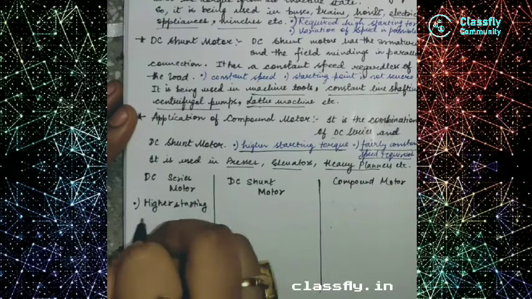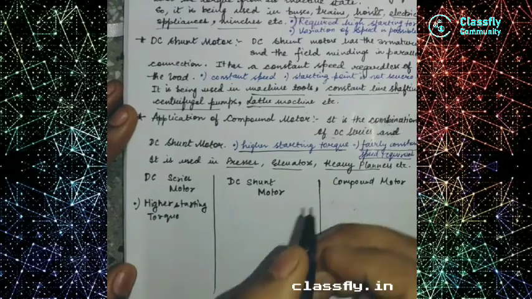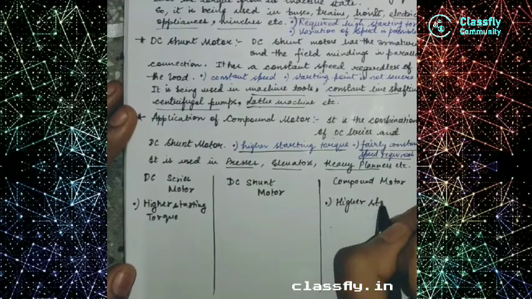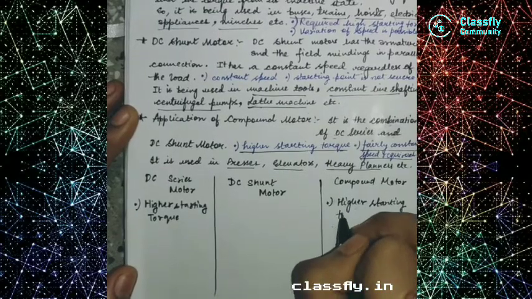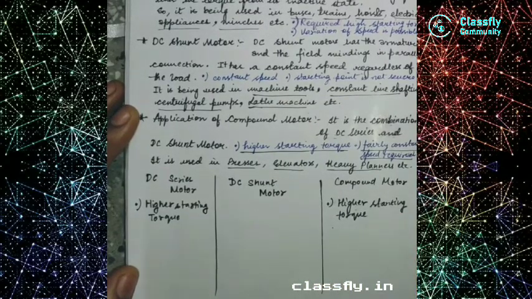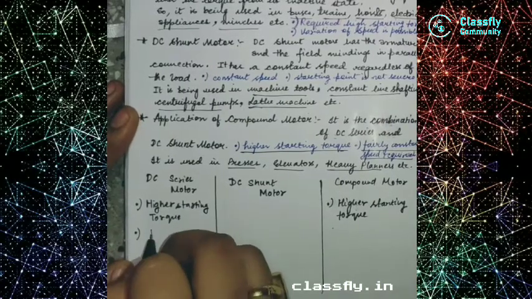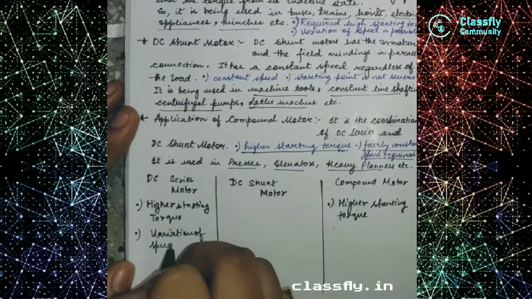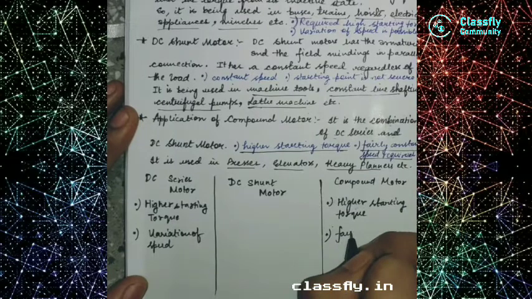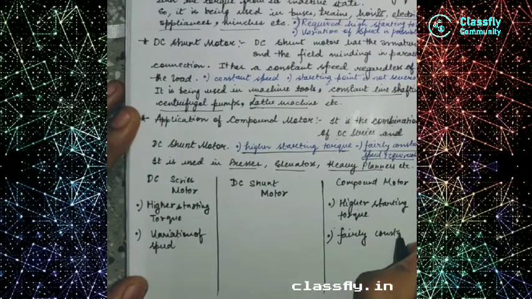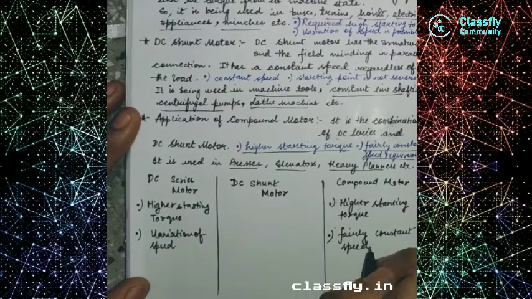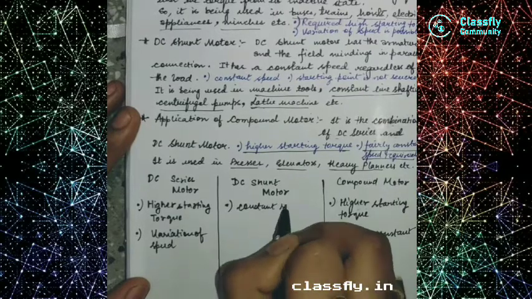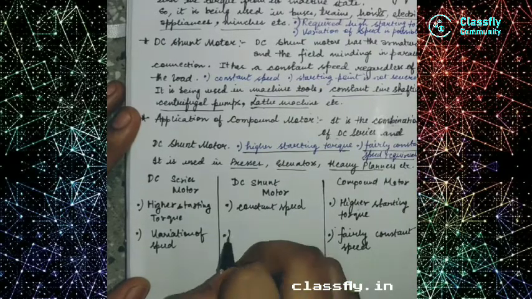The next point is that they have variation of speed, but in the compound motor there is fairly constant speed, and a DC shunt motor will have constant speed and its starting point will not be so severe.